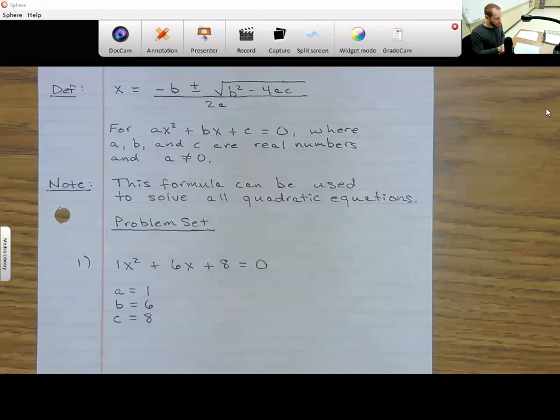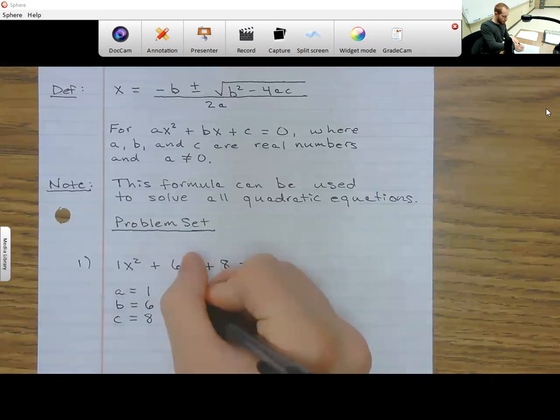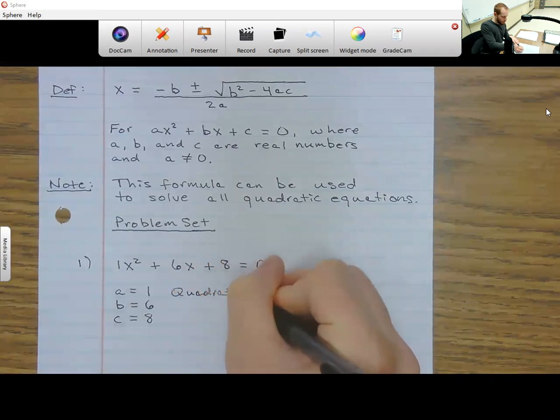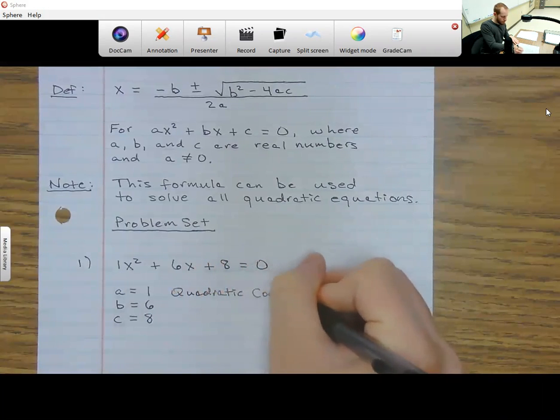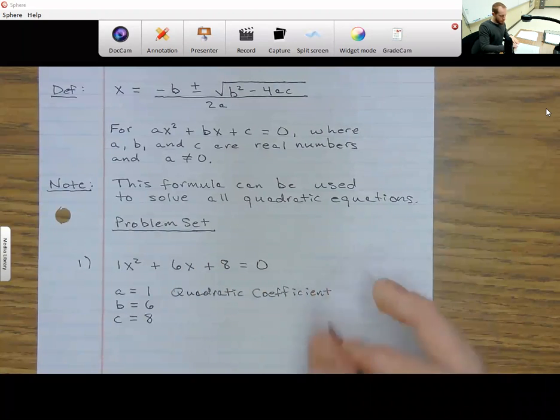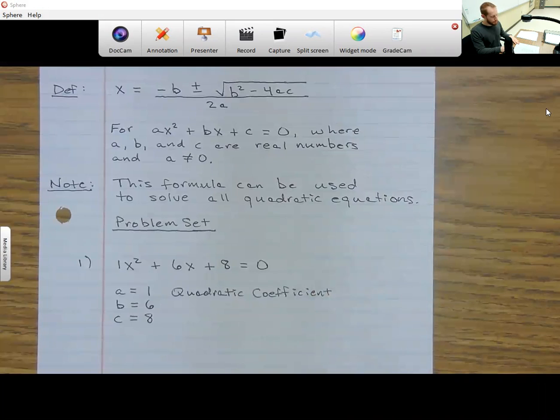Okay, so let's label these. Now, the number that's out in front of the x squared, we call that the quadratic coefficient. That's just the number out in front of the x squared.